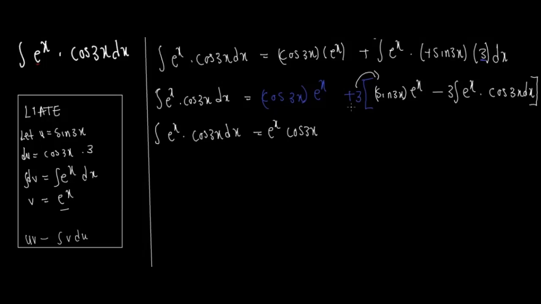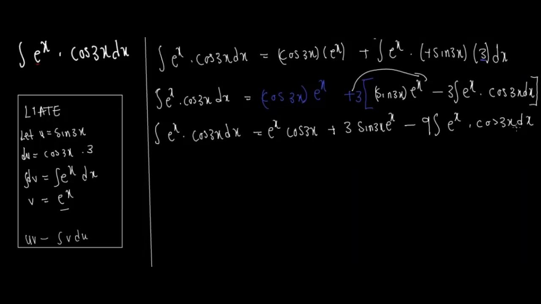You will have plus 3 sine 3x e to the x. 3 times the integral of e to the x times cosine of 3x dx will be equal to minus 3 times 3 is 9. We'll have the integral of e to the x times the cosine of 3x dx.